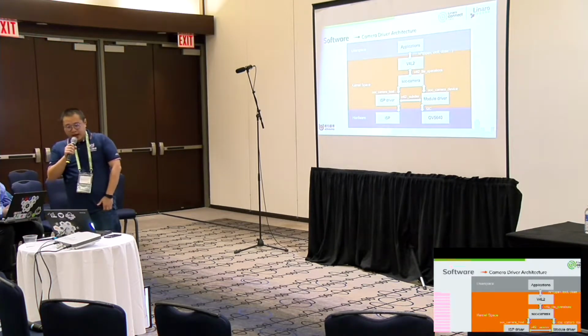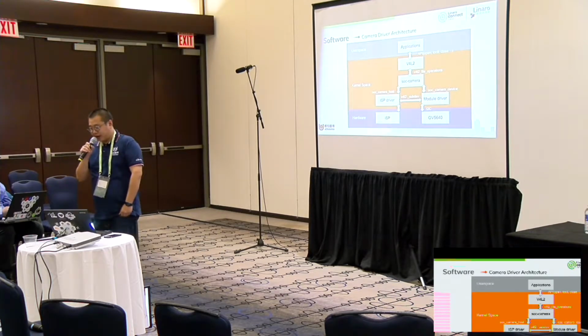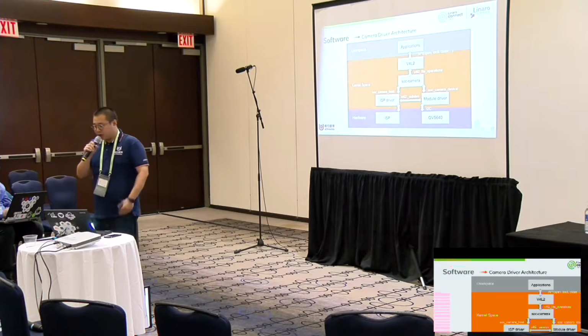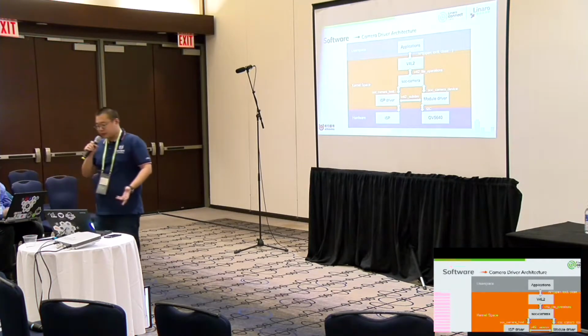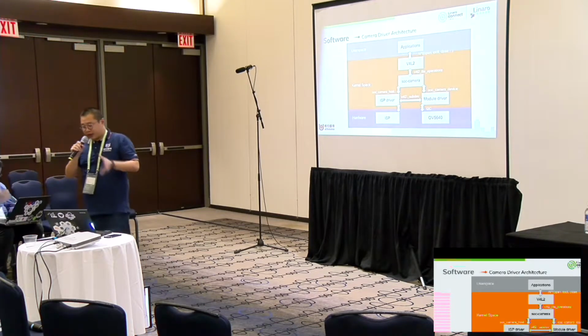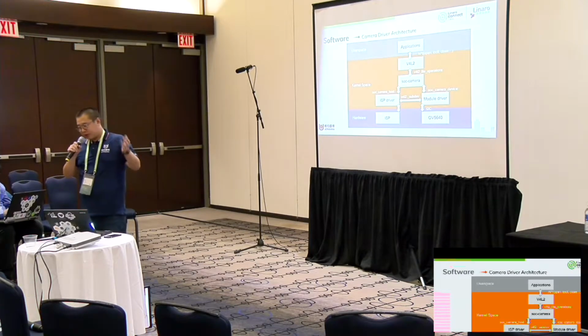So here's the camera driver architecture. We use an ISP sensor and an OV sensor. I think you are familiar with this architecture, and the kernel will probe, and the sensor will be probed by the kernel module, and with SoC camera and V4L2, it will be abstracted to a V4L2 sub-device for the user space application to use.